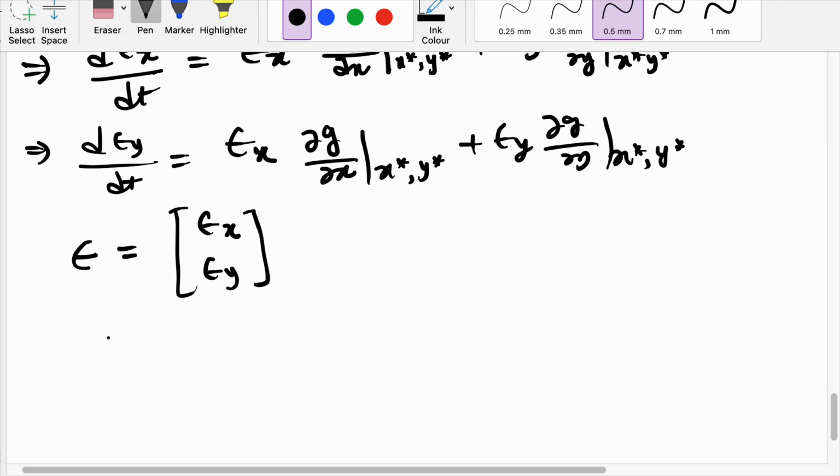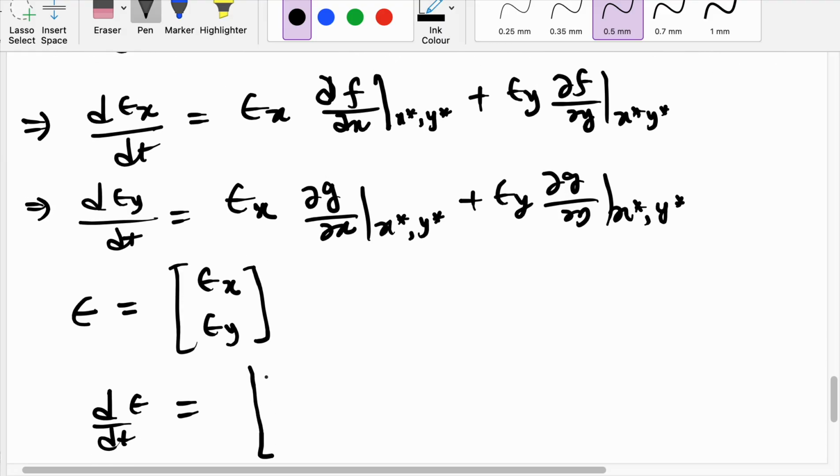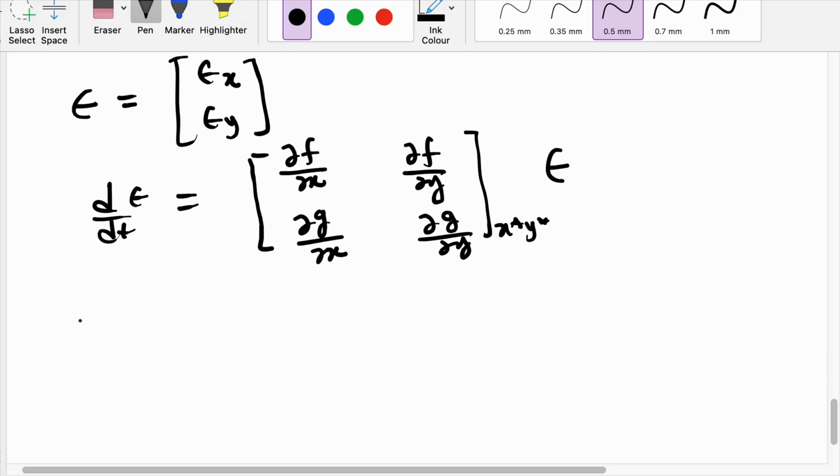Then I can write d dt of epsilon as the matrix with rows del f del x, del f del y, and del g del x, del g del y, all at x star, y star, multiplying epsilon x, epsilon y. So this will be my equation.